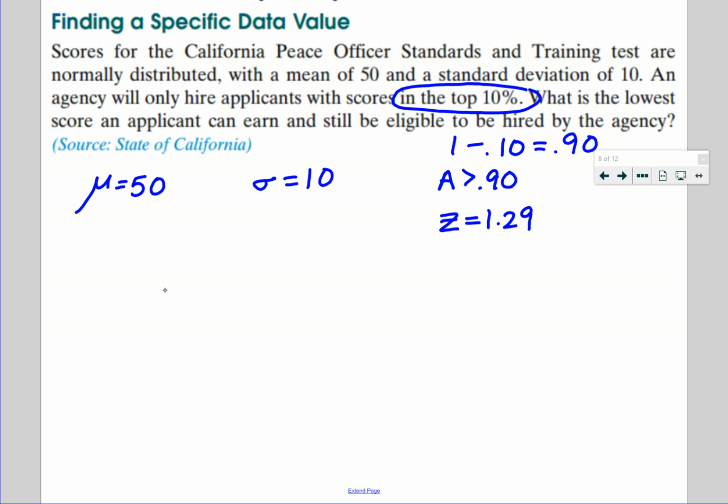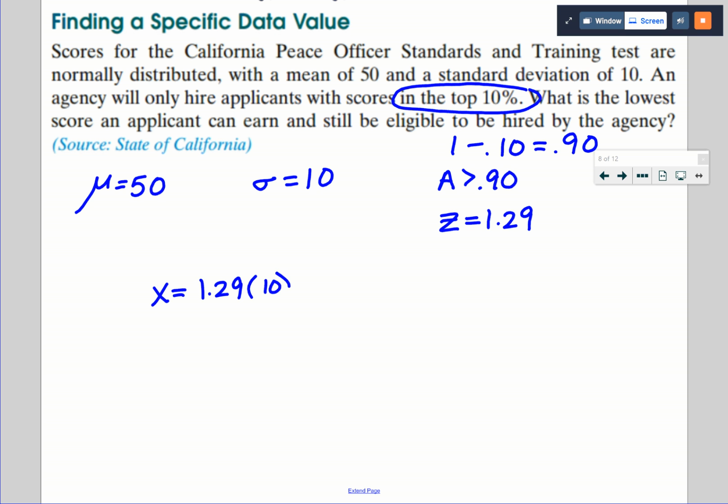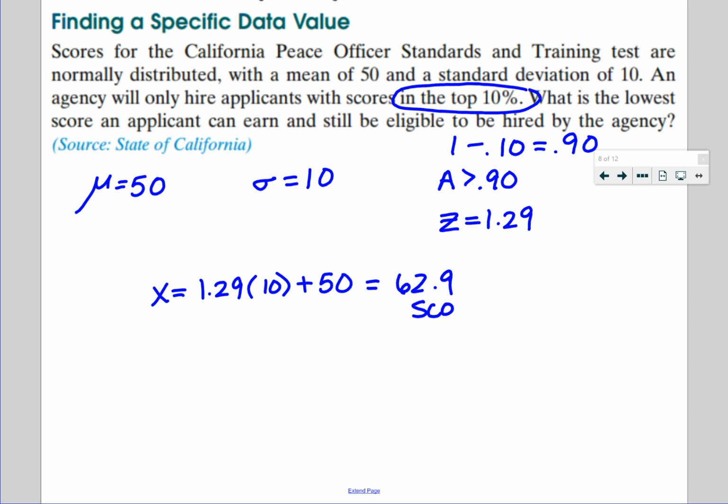So x equals z-score times standard deviation plus the mean: 1.29 times 10 plus 50. And 62.9 is the score on the test that would put the applicant within the top 10% of all people that take the test. Okay, let's try the next one.